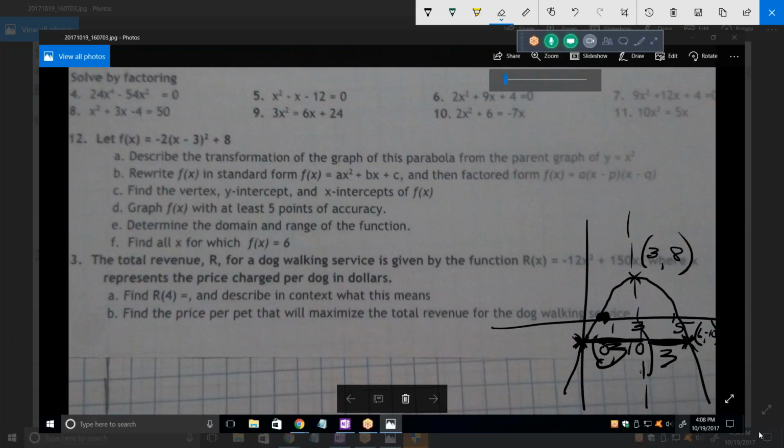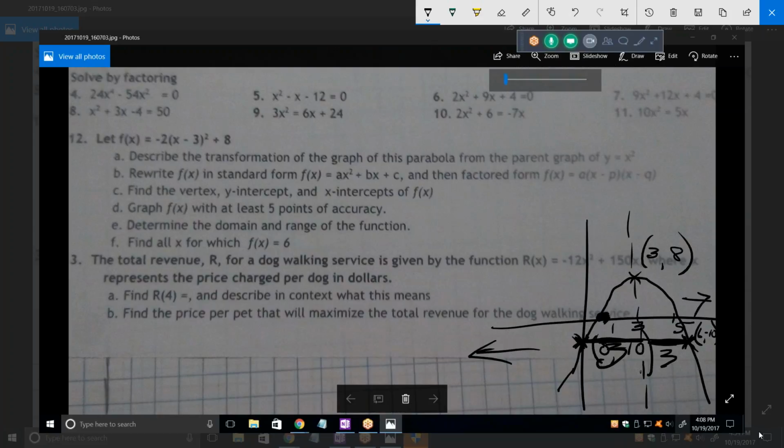Can I put in minus 1,000,000? Sure I can. This thing goes not only down to infinity, but it goes all the way to infinity in this direction also. And it goes all the way to infinity in that direction.